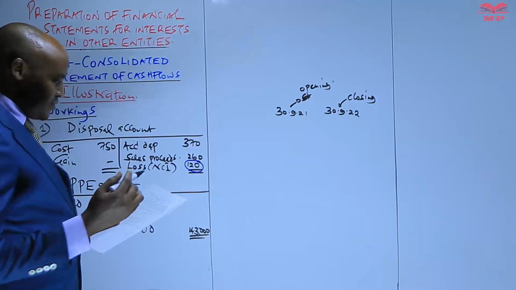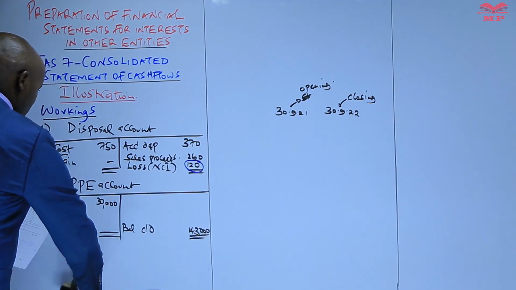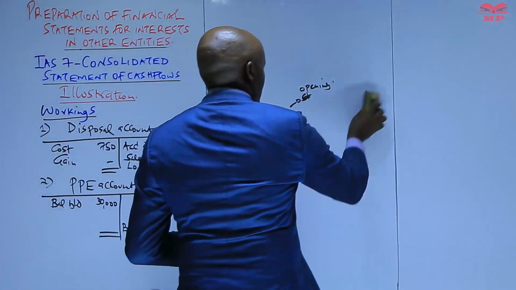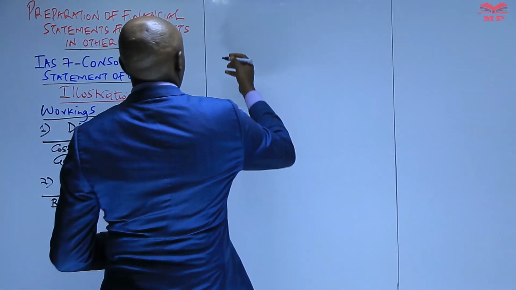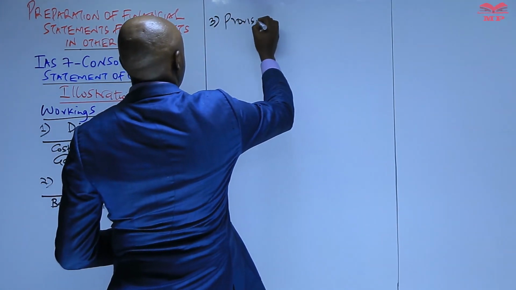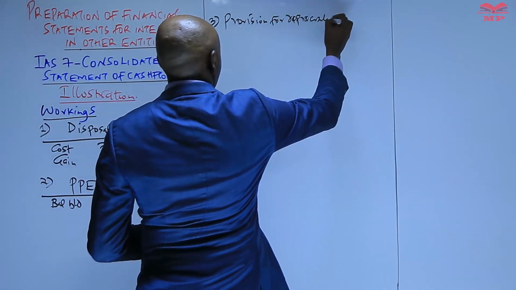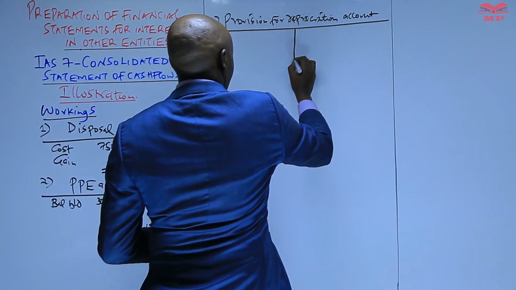Then also, as per the information given in note number 1, before we record that, let's open the other account, which is called the provision for depreciation account.